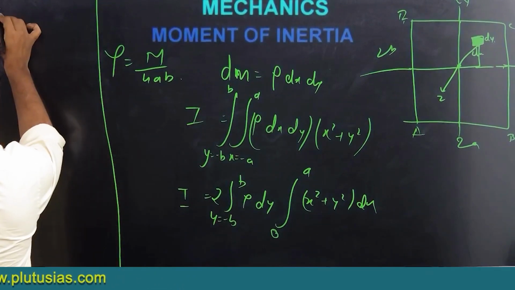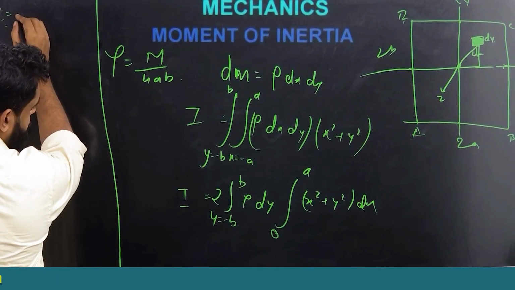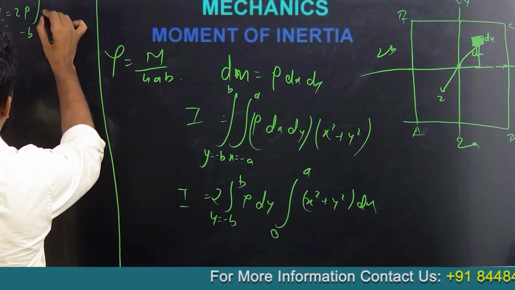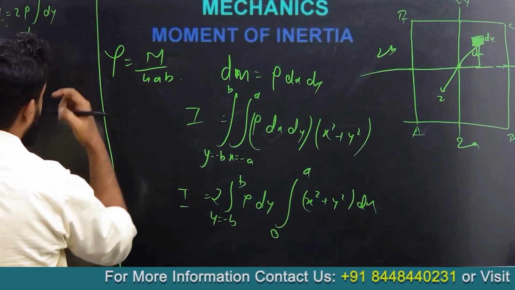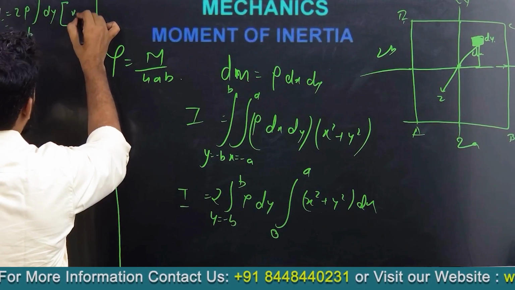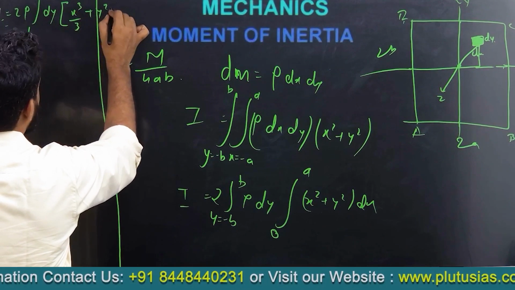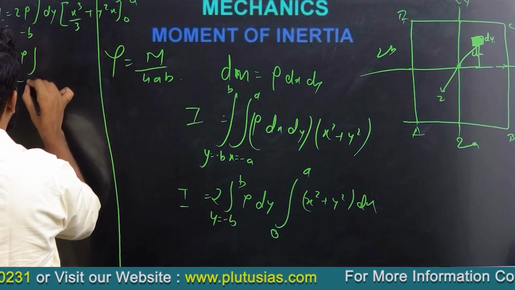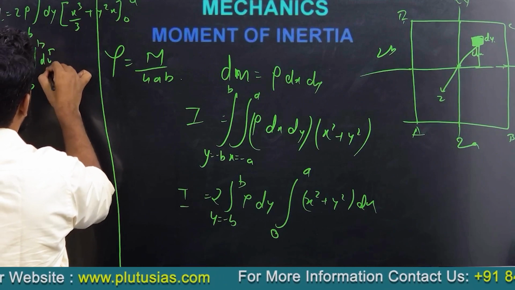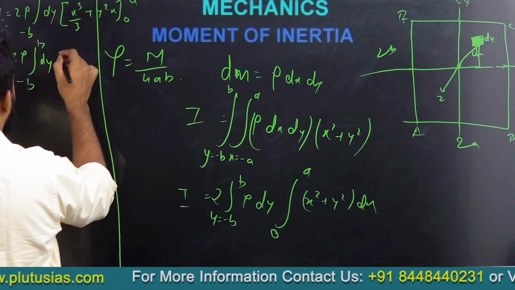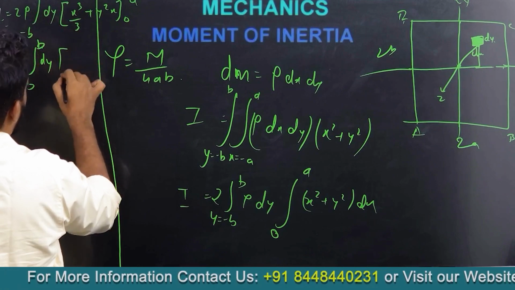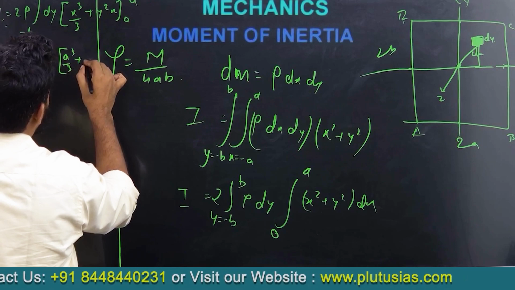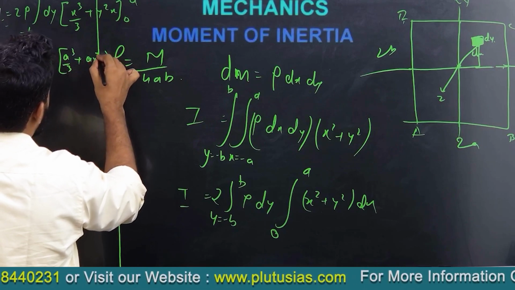Solving, we get I is equal to 2 times rho, integral from minus b to b dy, and this would be x cube upon 3 plus y square x from 0 to a. So we get 2 rho, integral from minus b to b dy, and if we put this a, we have a cube upon 3 plus a y square.